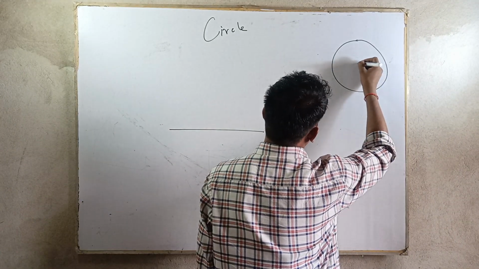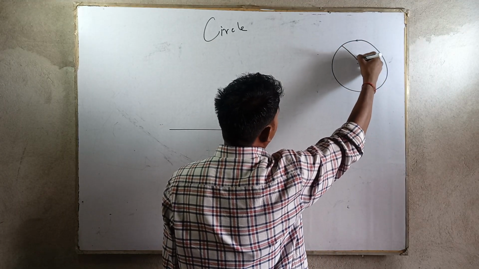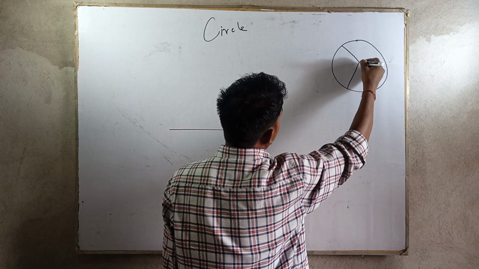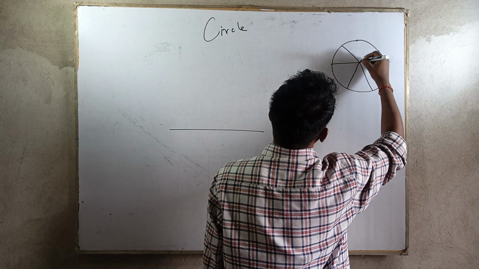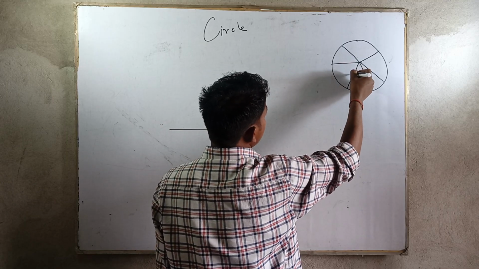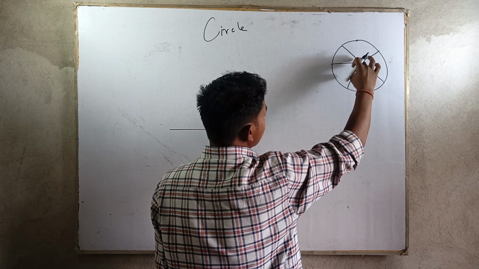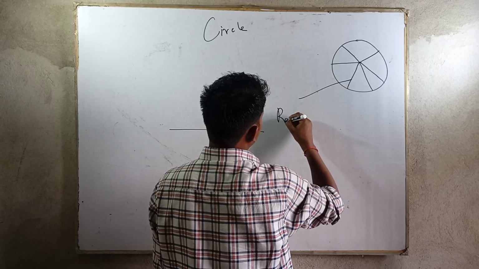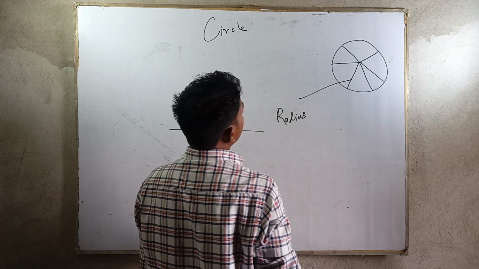For a circle, there are some things to understand. There should be a center, and from the center every distance should be equal. So this is called a circle. The distance measured from the center to one point on the circumference is called the radius. This is called radius.